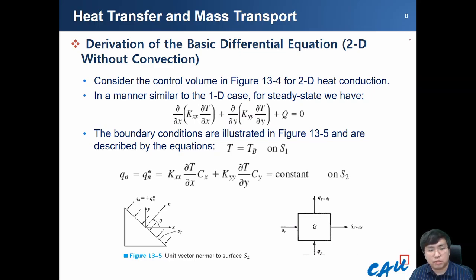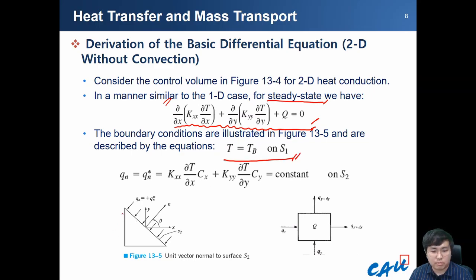Similarly, in two-dimensional cases, you can obtain this kind of equation in the steady state problem, and this equation can also be easily solved by our FEM method, although I have not introduced it yet. One boundary condition is a specific temperature boundary condition.